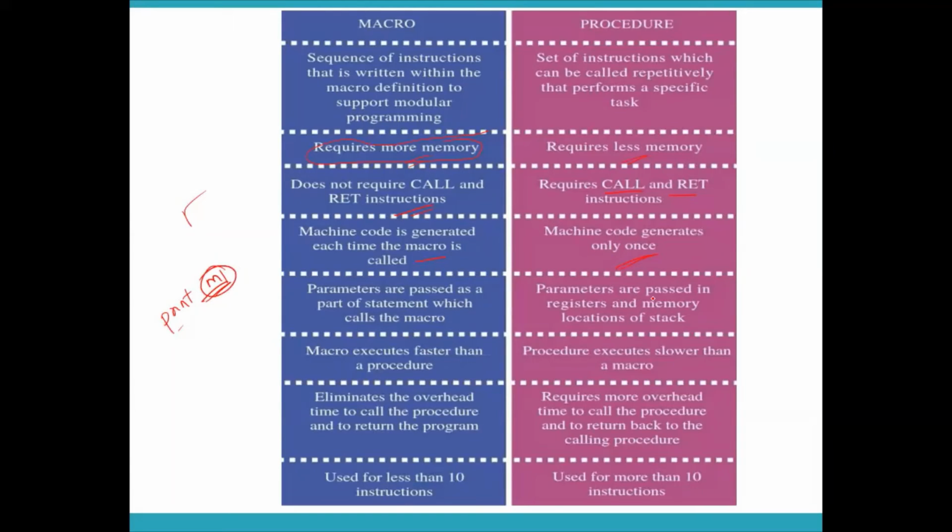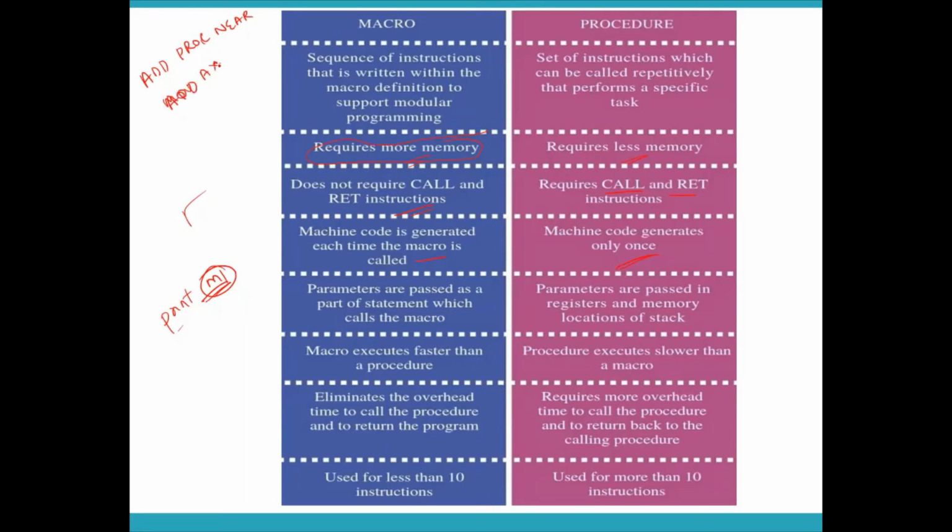How are parameters passed to a procedure? Parameters are passed to procedures using registers or using memory addresses. That means you will be passing the parameter within the body of the procedure itself. For example, suppose I'm writing a procedure to add. Here, how will I pass my parameter?